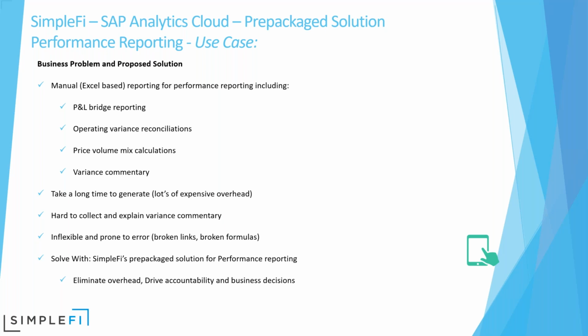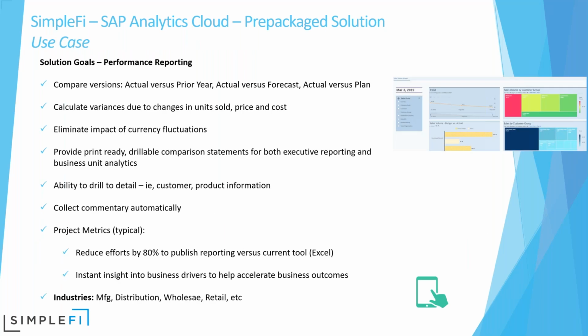So the solution we're going to discuss today, we've actually built out a prepackaged offering available within the SAP Analytics Cloud platform. We've built this a number of times for different clients in the SAP Business Planning Consolidation solution set as well. So it is something that could be built there, but we do not have an accelerator on that platform. The platform we built is on SAP Analytics Cloud.